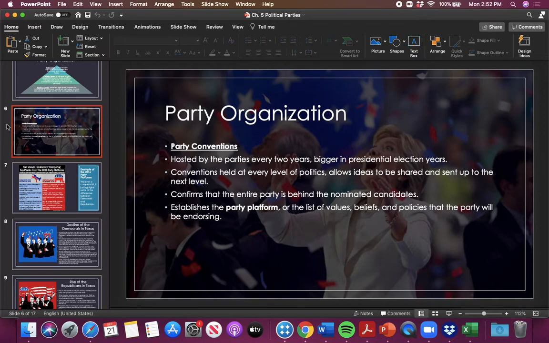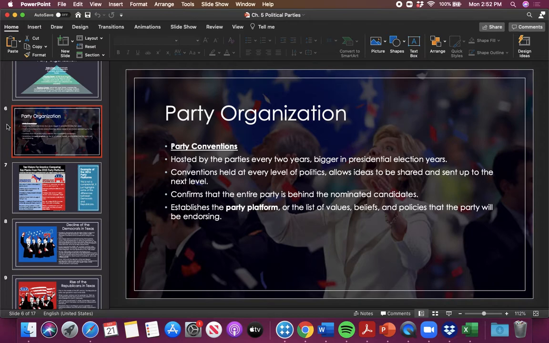But these are big parties, and essentially they are to inform the voter of who their candidates are going to be, what their platform is going to be, and what the ideas are that we're committing ourselves to for this election. And it confirms that the party is behind these candidates, that these are the people that we want for this office and this election cycle.